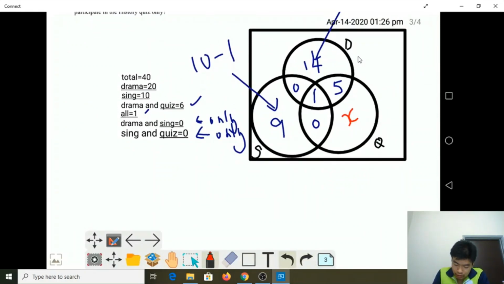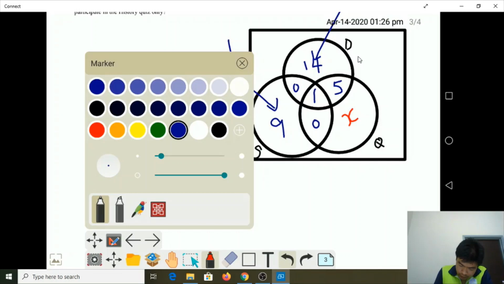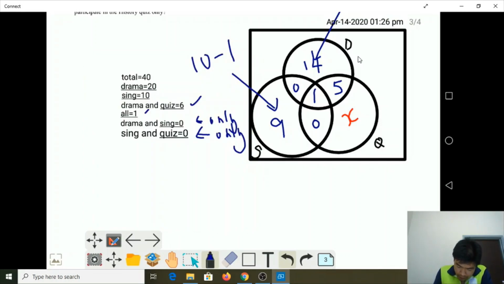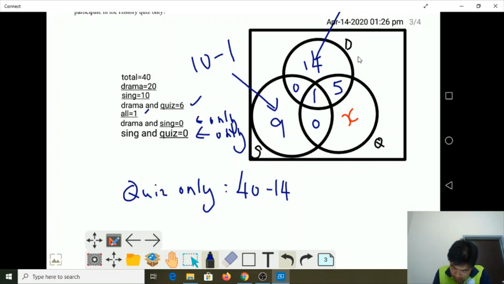Let me use the blue pen. So number of the quiz only. 40 minus 14 minus 5 minus 1 minus 0 minus 0 minus 9, and that is your answer. Let me quickly press the calculator, and the answer is 11.